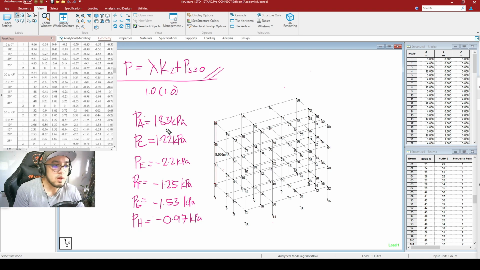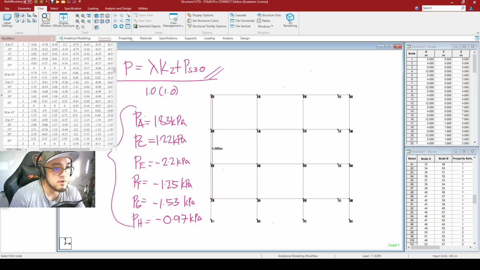So now that we have already solved for the pressures for each of the zones, the next thing that we will be doing is converting them into member loads that we will be applying onto our structure. So I would just be once again showing the front view.